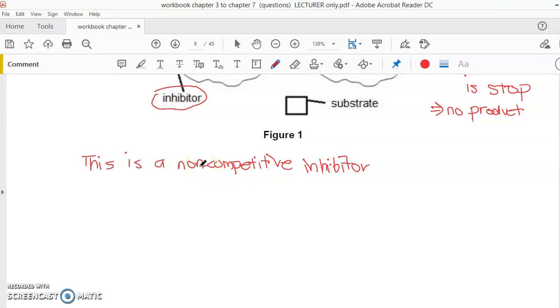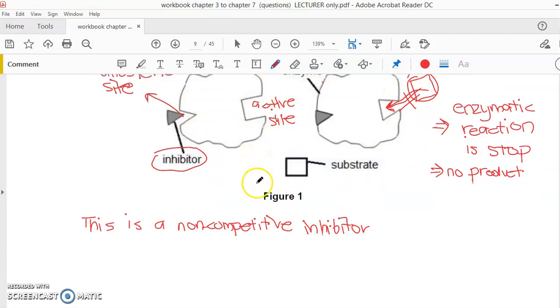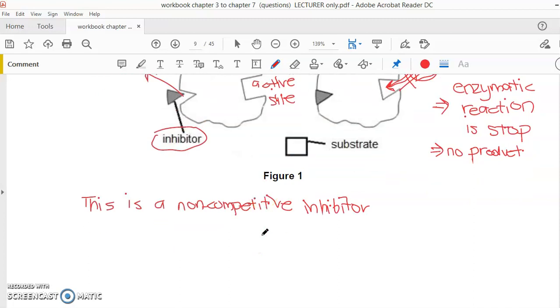Why is it a non-competitive inhibitor? Because we can see the inhibitor binds to the allosteric site. It does not compete with the substrate to bind to the active site. So because you need to explain, we can say that this is a non-competitive inhibitor, right?